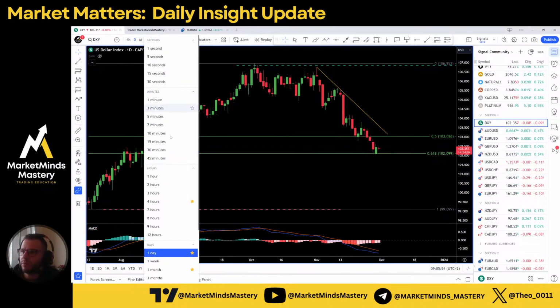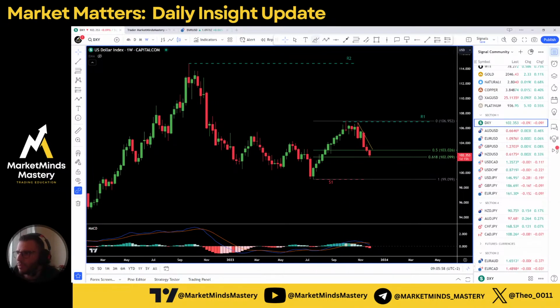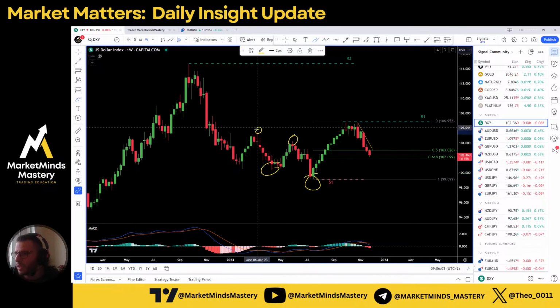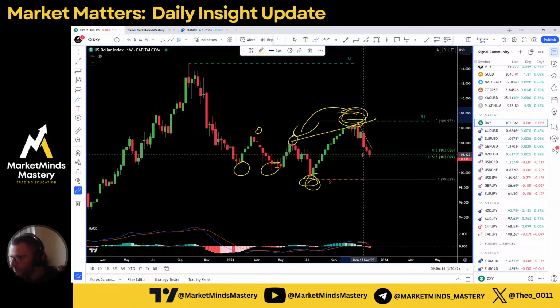Remember, we took the fib level from the weekly chart, as price on the weekly chart broke that swing and created a new high that was higher than this high here. So we used the fib from 100% to 0 to find the retracement, and the retracement is somewhere around 61.8.